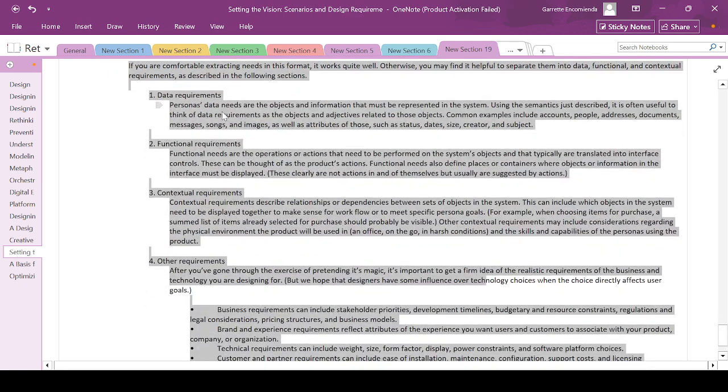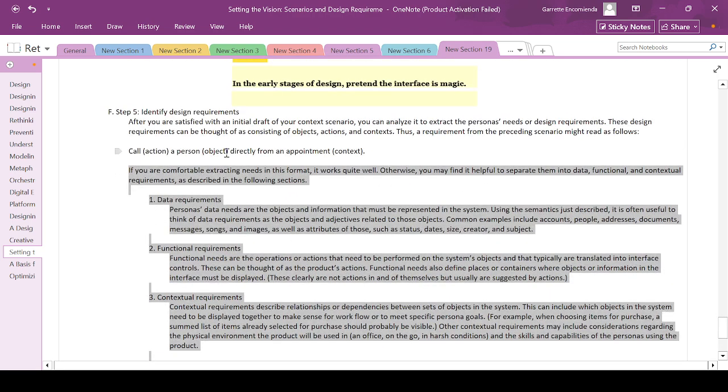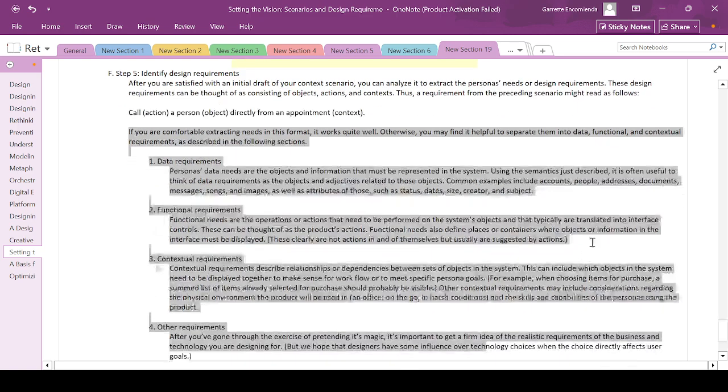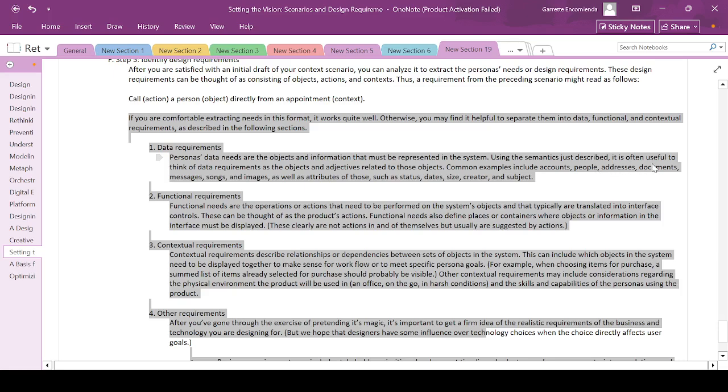Data requirements. Persona data needs are the objects and information that must be represented in the system. So the object is the person that will be shown. Again, the object and verb we've discussed will be manipulated. Using the semantics just described, it is often useful to think of data requirements as the objects and adjectives related to those objects.